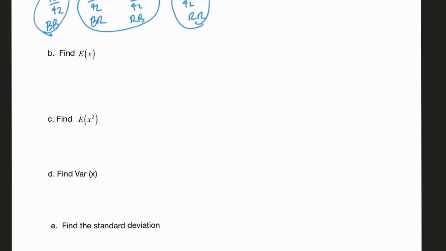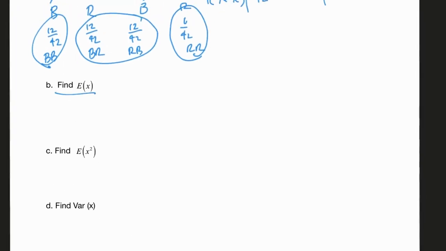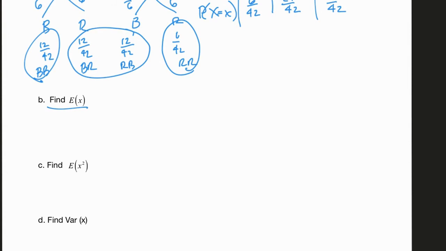So the first one that we're finding here is the expected value, and I probably have to move this down just a little, right about there. Okay, so the expected value is 0 times 6/42 plus 1 times 24/42 plus 2 times 12/42.